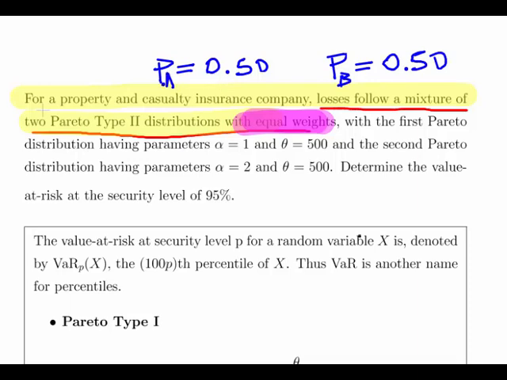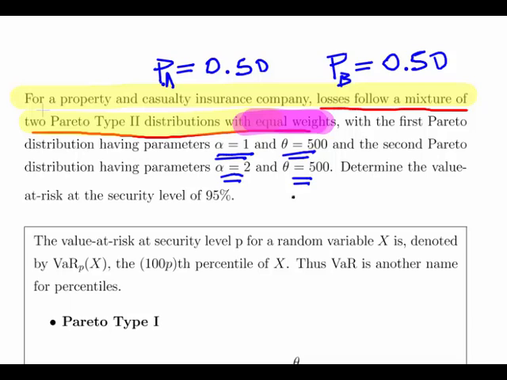Probability distribution A is a Pareto type 2 distribution with alpha equal to 1 and theta equal to 500, okay? And Pareto type 2 distribution B is very similar, except alpha is equal to 2 and theta equal to 500.